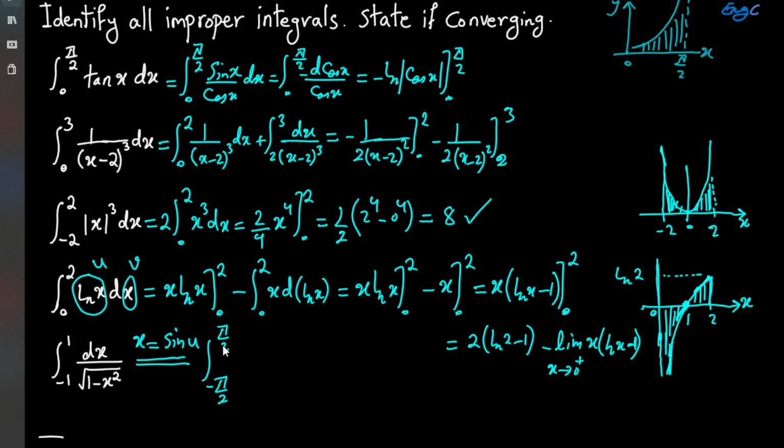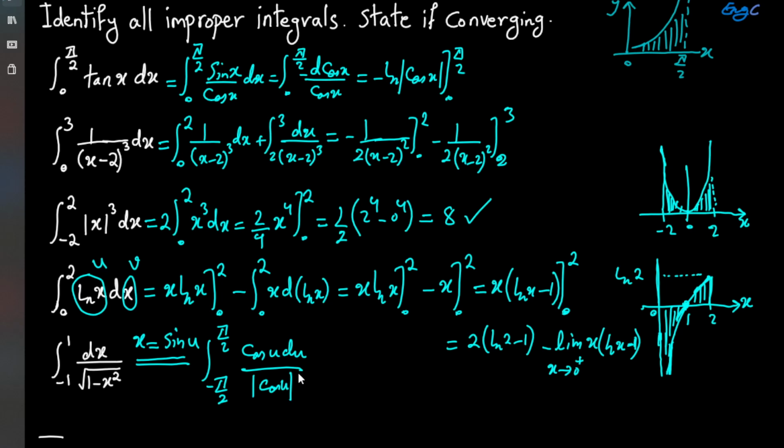dx becomes d sine of u, which means cosine of u du. In the denominator, I have the square root of 1 minus sine squared, which becomes the square root of cosine squared. So we have the absolute value of cosine u, but when u goes from negative pi over 2 to pi over 2, the cosine is a non-negative value.